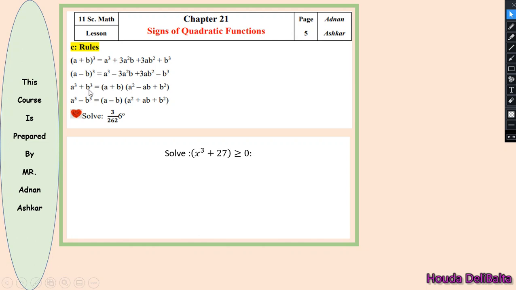Here a cubed plus b cubed, we use these two most. A cubed plus b cubed equals a plus b into a squared minus ab plus b squared. If you want to make sure, you can expand these and you will definitely get a cubed plus b cubed.